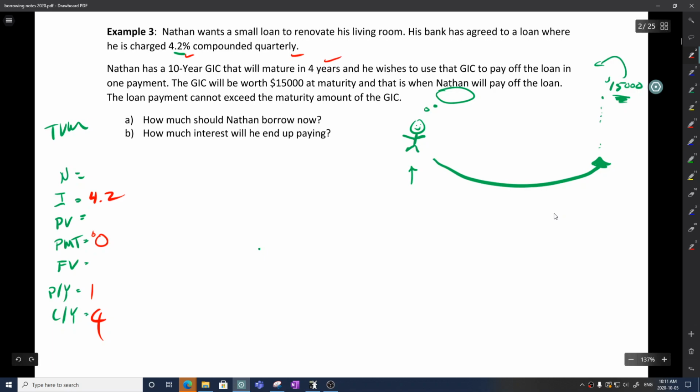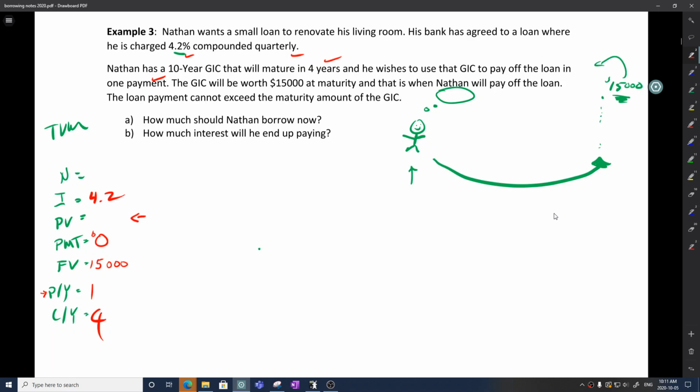So 4 years, GIC in one payment. That was this lump sum business here, right? The GIC will be in the future, right? The GIC will be worth $15,000. I would really like to calculate the present value of this GIC.